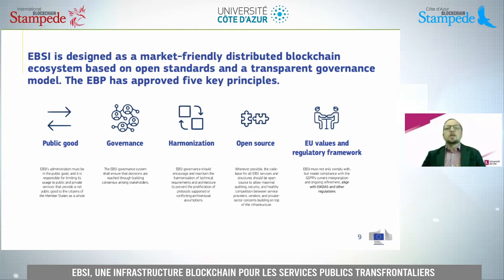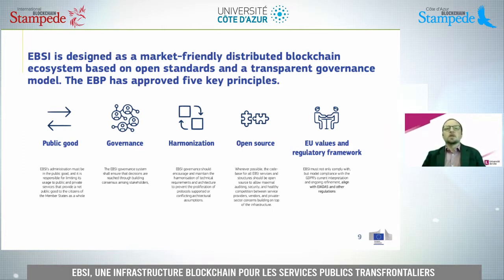So you need to harmonize the number of operators per member state. And there are rules which are written stating how many operating nodes should be in a given state.